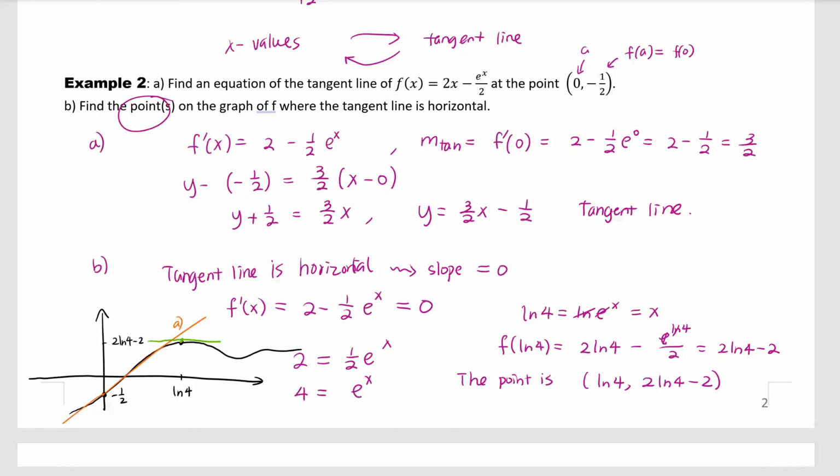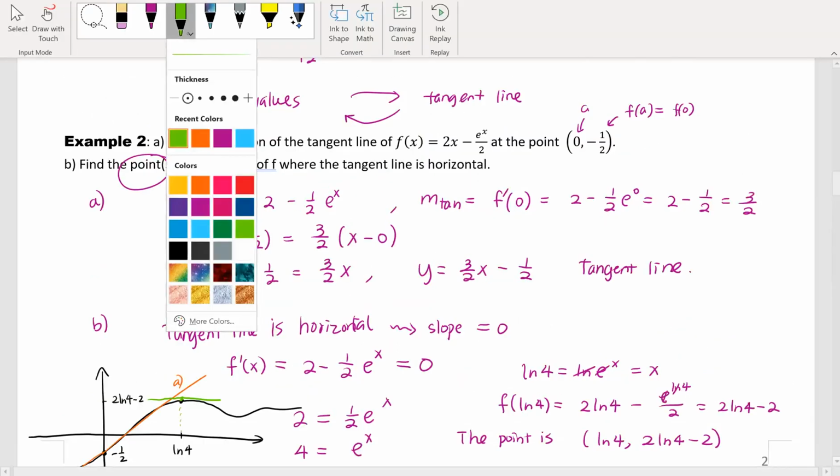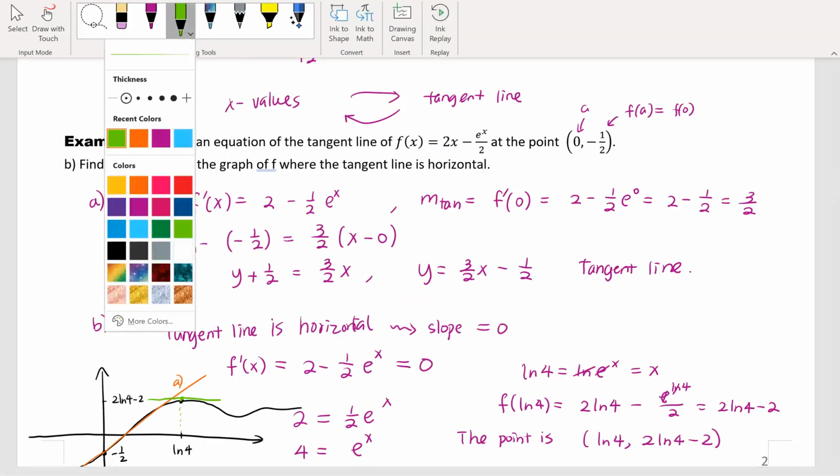And what is the point? This is the point. This point is ln of 4. Oh, because there's only one x, I think my graph is not so accurate. So I know that we only have one point such that the slope is 0.